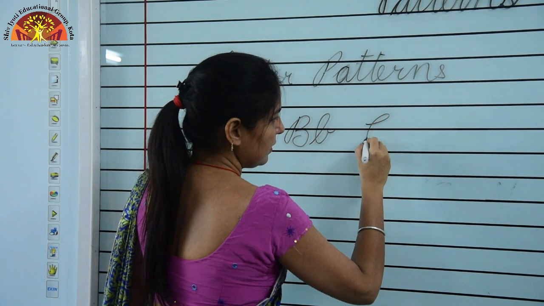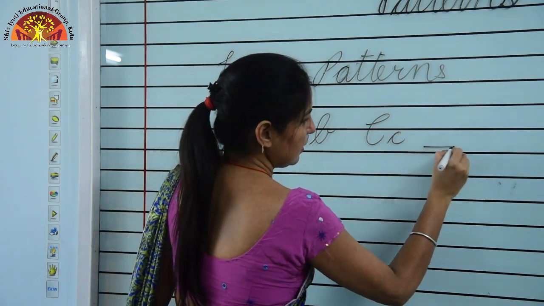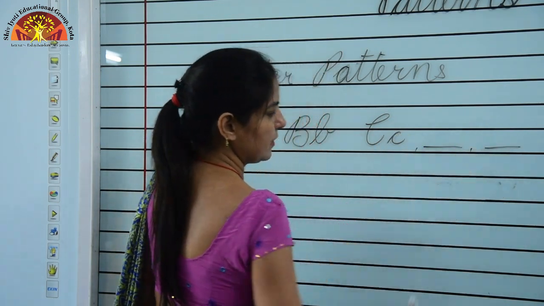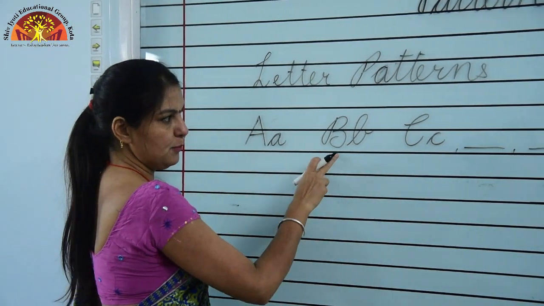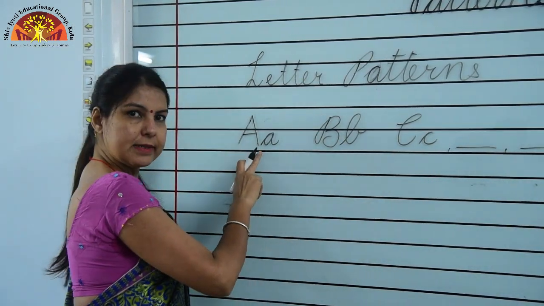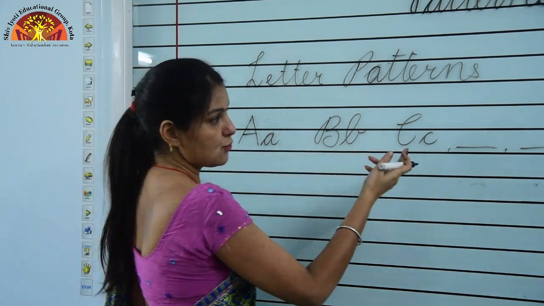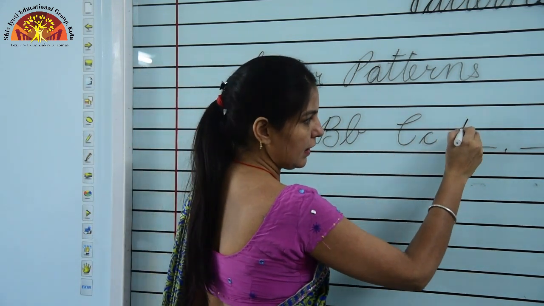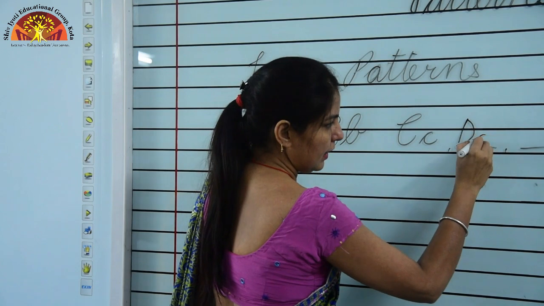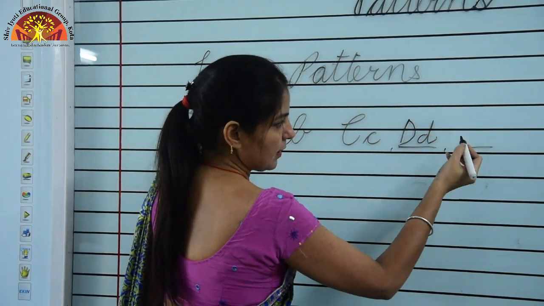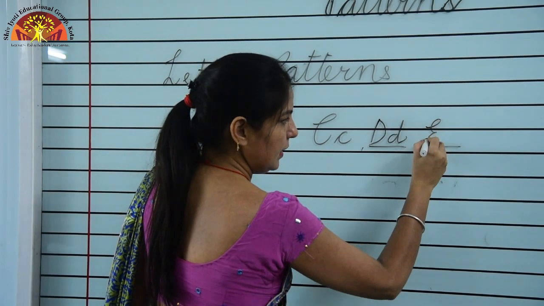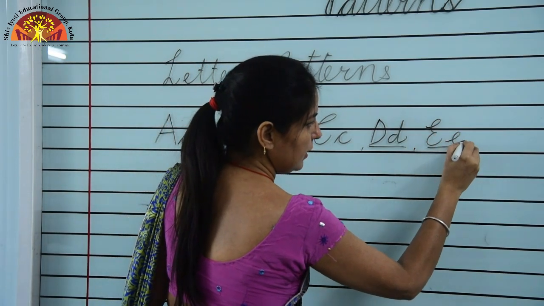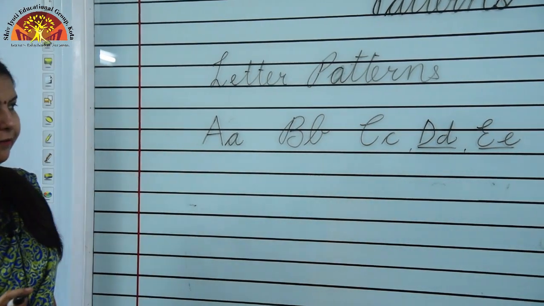Capital C, small c. Now we have to fill the blanks here. What will come after it? A, B, C, but one is capital and one is small. So what will we write after C? We will write one capital D and one small d. And after capital D and small d, we will write capital E and small e. I hope you have understood.